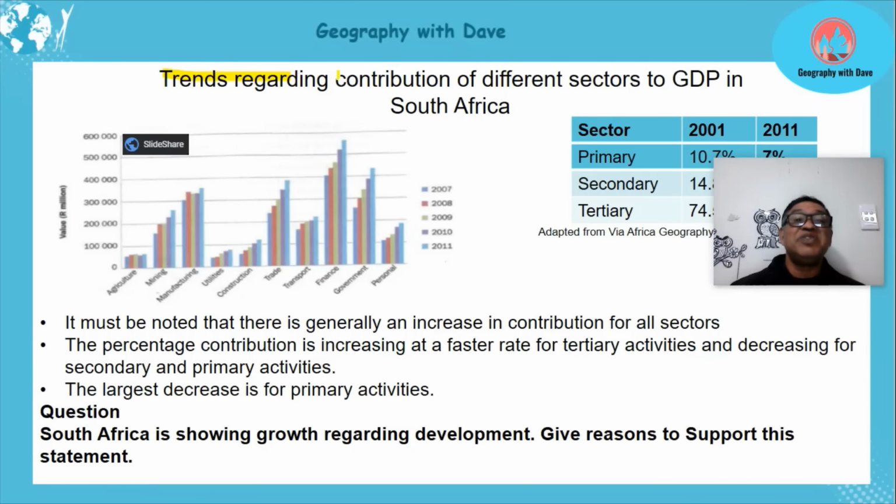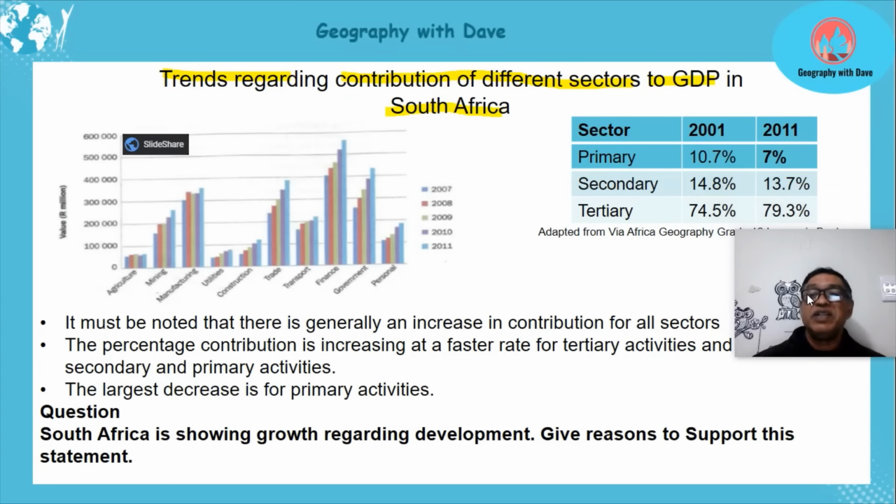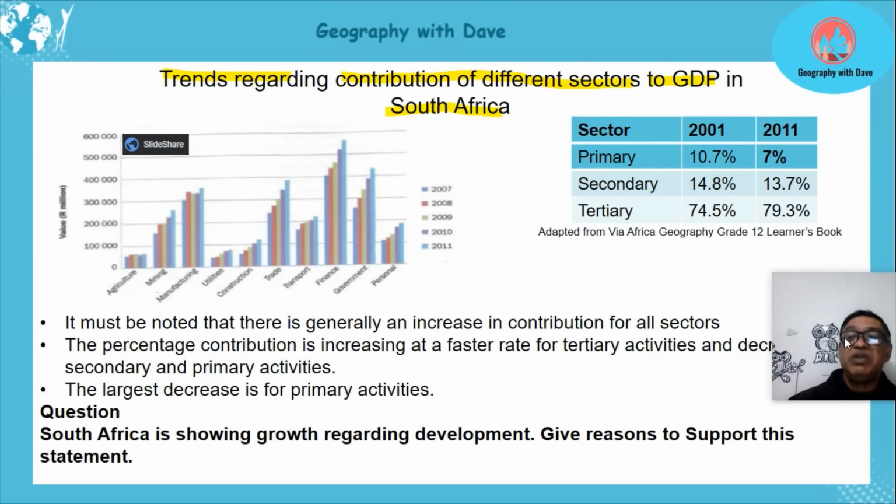Trends regarding contribution of different sectors to GDP in South Africa. Let's look at South Africa. All right. I want to look at two little things here. Number one, there's a little information here showing you from 2001 to 2011.